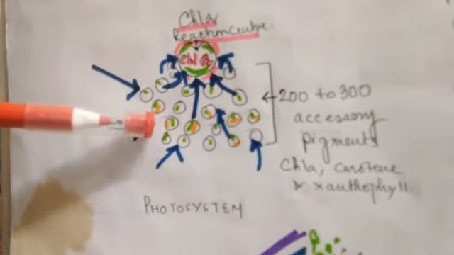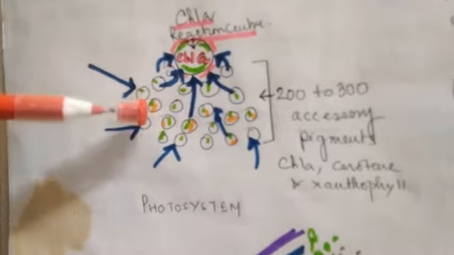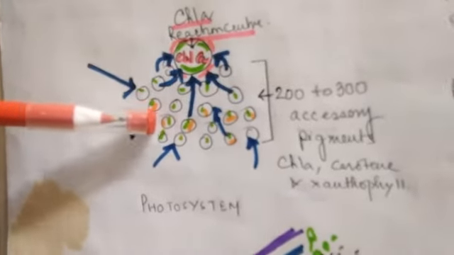Other pigments like chlorophyll B, xanthophyll and carotene all remain associated with chlorophyll A. Around 200 to 300 pigments remain associated with chlorophyll A, and they act as accessory pigments.